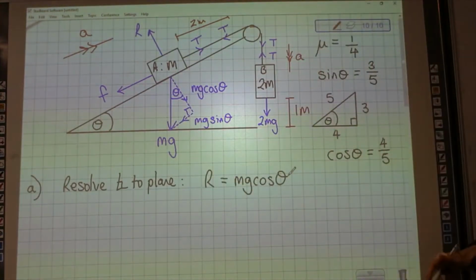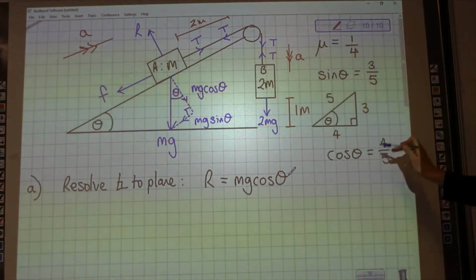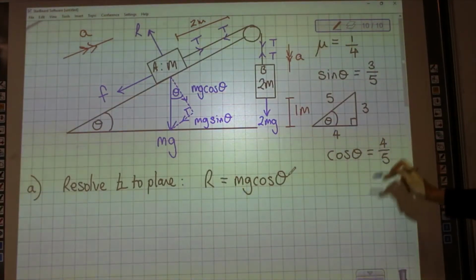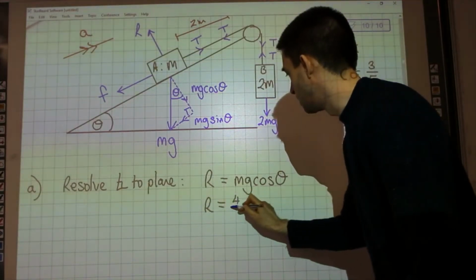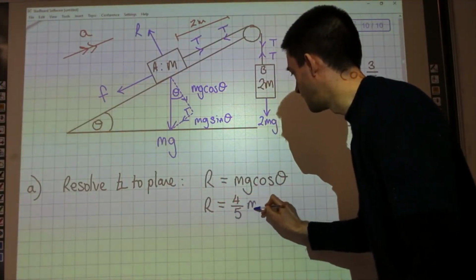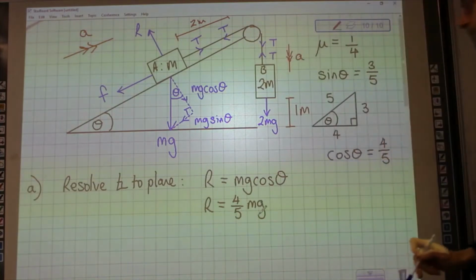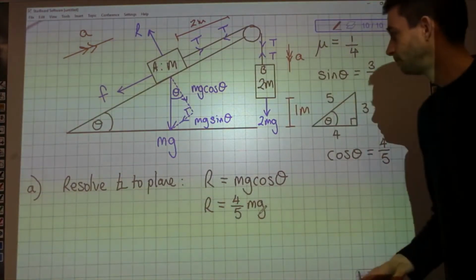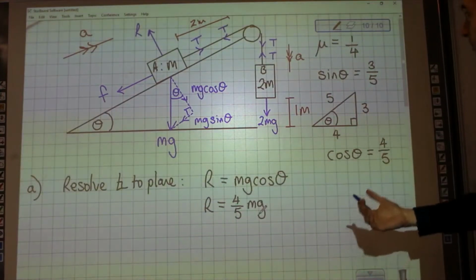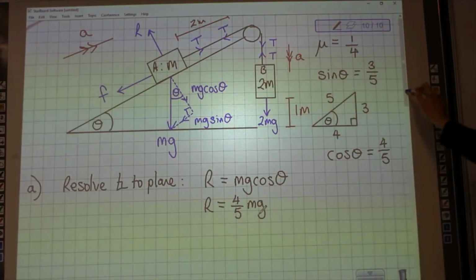So mg cos theta. Now at this stage I know that cos theta is 4/5, because I worked that out earlier. So what I'm actually going to write is that the reaction force is 4/5 mg. You could write 0.8 mg if decimals are your preference. The purpose of doing that was to find out friction.